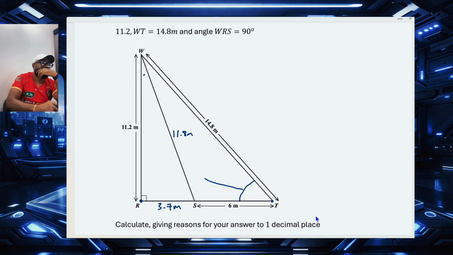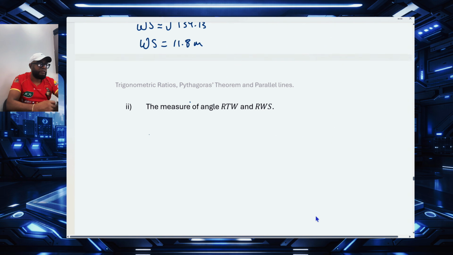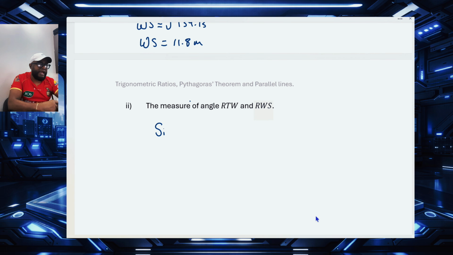Sine. You can use any one because you have all the sides. You have opposite over hypotenuse. So if you're using sine, sine of theta is equal to opposite over hypotenuse.